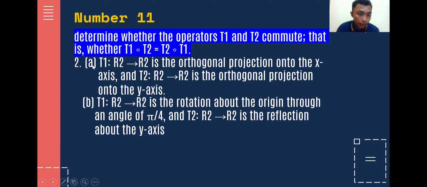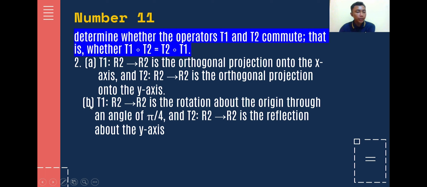And in number 2 there are two questions again. The first is T1 from R2 to R2 is the orthogonal projection onto the x-axis, and T2 is the orthogonal projection onto the y-axis.